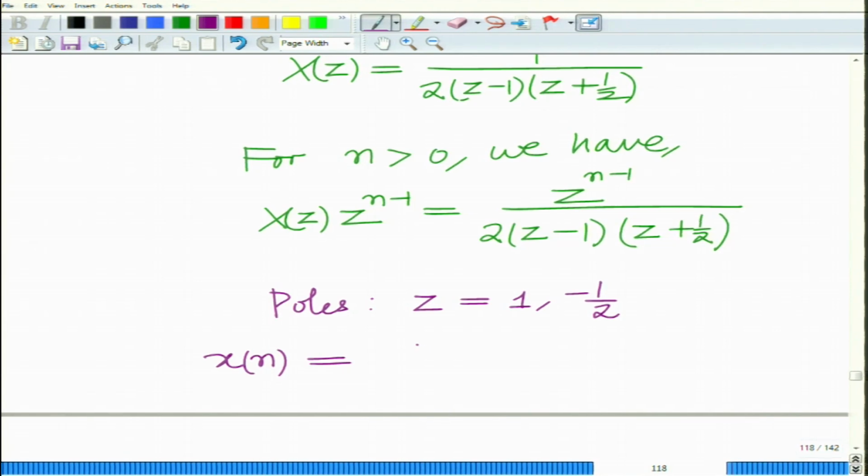Therefore, x[n] is the sum of the residues evaluated at these poles. That is, basically you will have, we have two poles, correct.